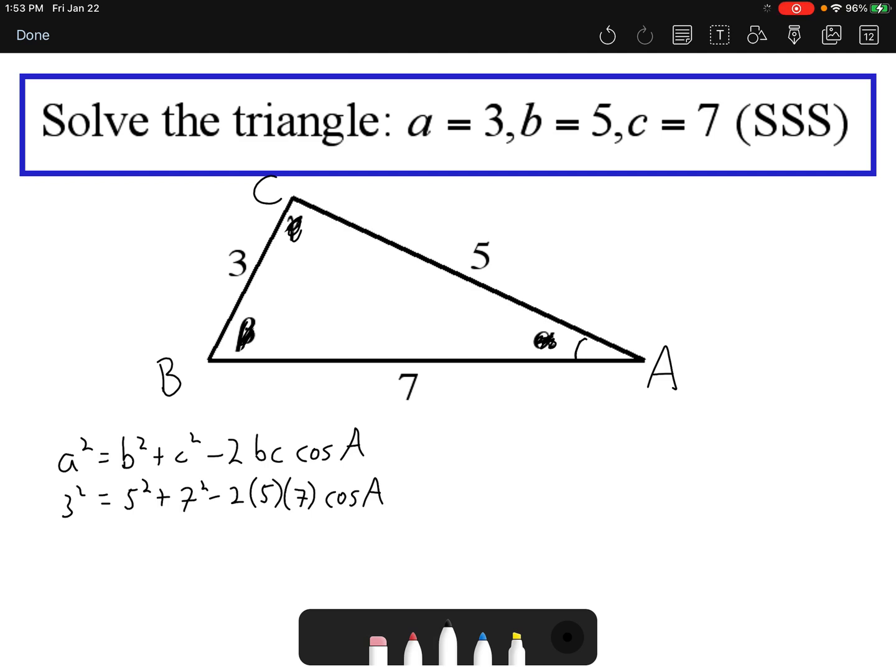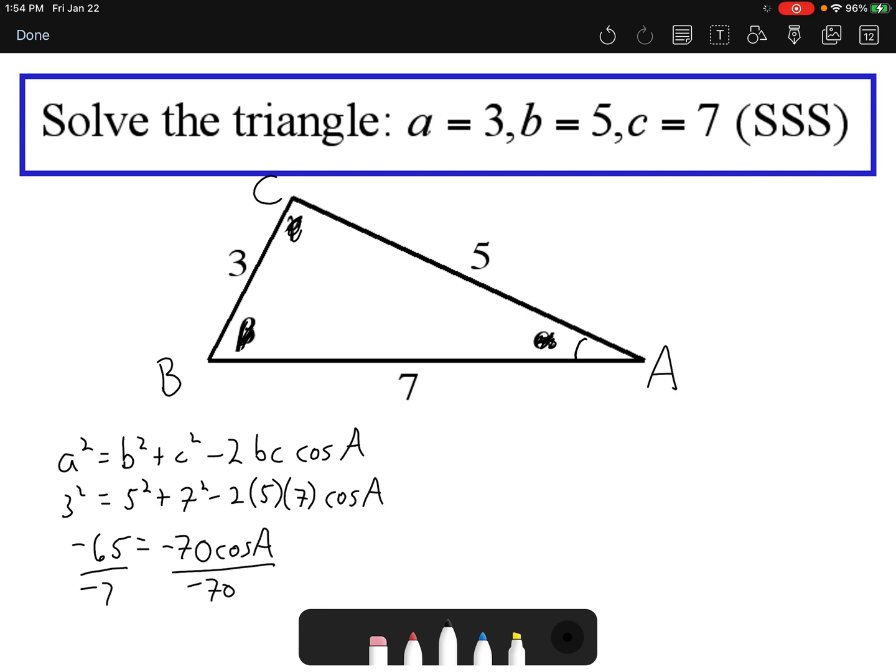Now, I don't care if you take your calculator right now, take 3 squared minus 5 squared minus 7 squared. If I were you, that's probably the way I'd do it. So that would simply be, and you can do this in your head, 9 minus 25 minus 49, negative 65. And then negative 2 times 5 times 7 is negative 70.